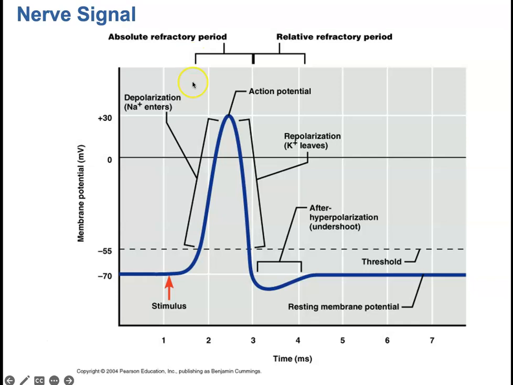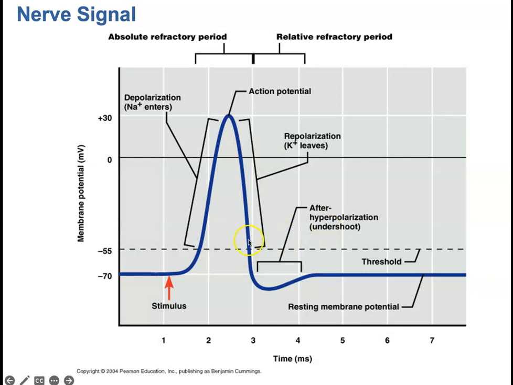Absolute refractory starts right here where you get the depolarization, action potential, and then repolarization. That means you cannot cause an action potential or stimulate a cell that's already been stimulated. You can't stack, because it's already happening. It's already going.